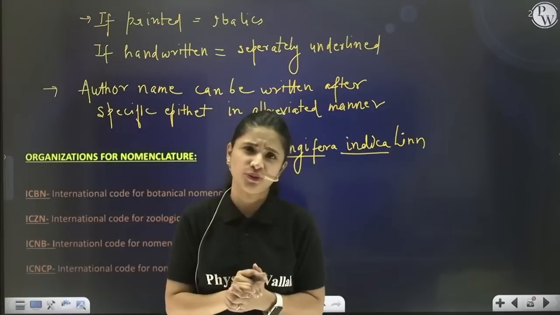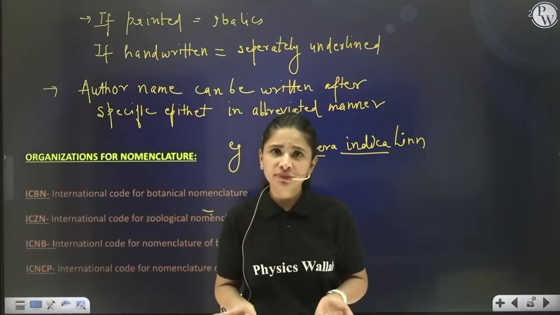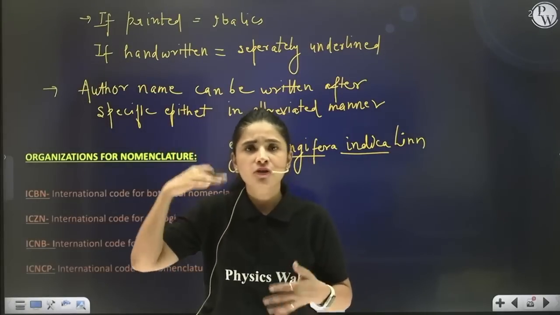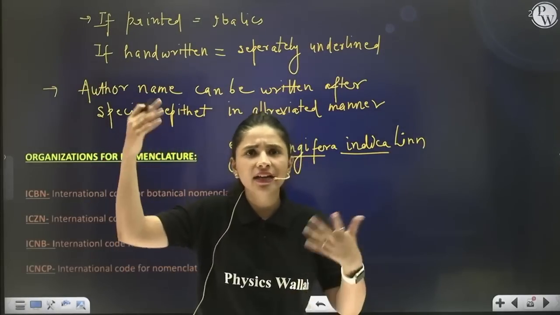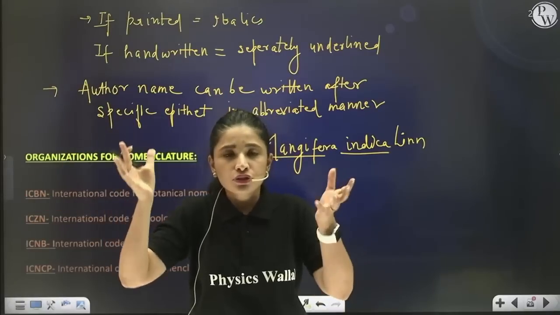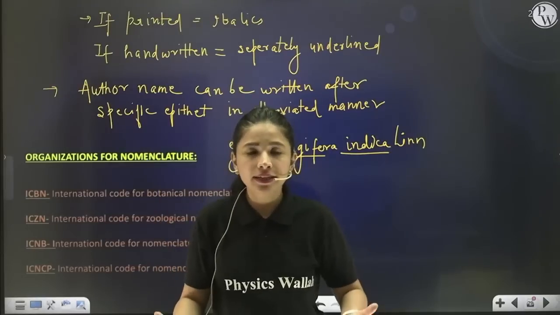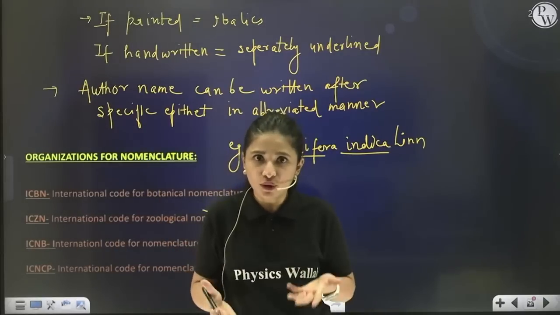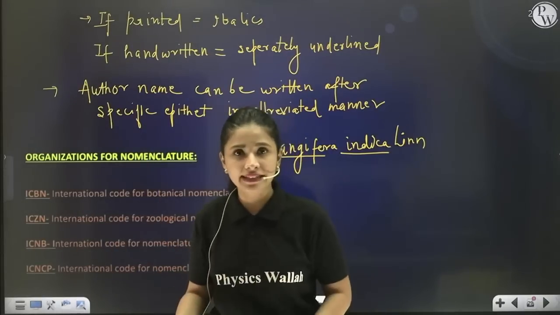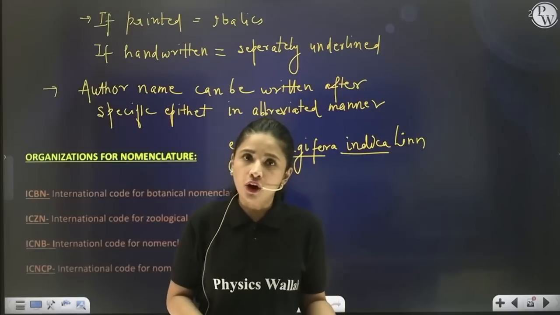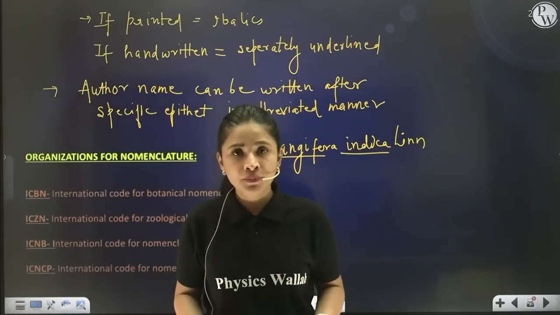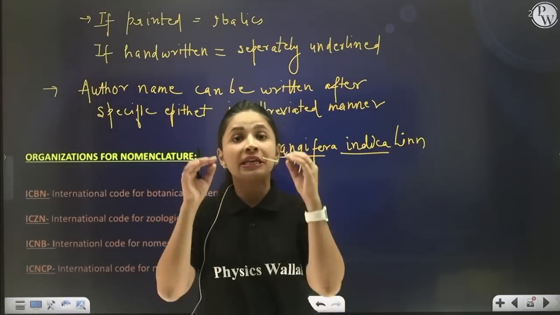Now, bachcho, rules are framed. Linnaeus came, framed the rules. He died, he went away. So, who is going to check whether these rules are still followed or not? Are the new scientists following the rules of nomenclature for naming or not? Who is going to take the responsibility?